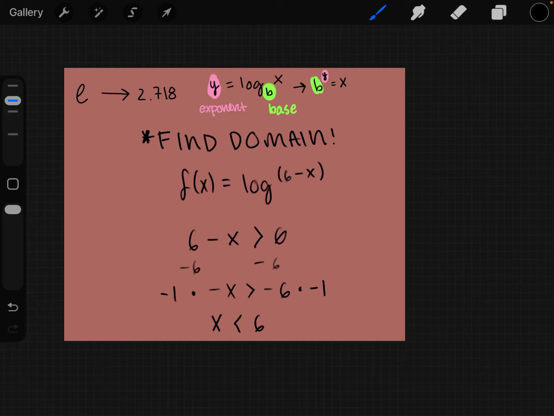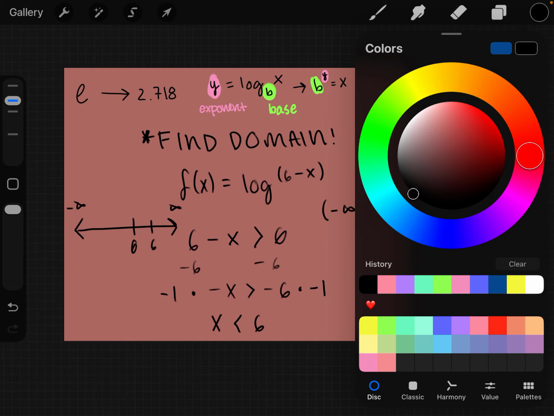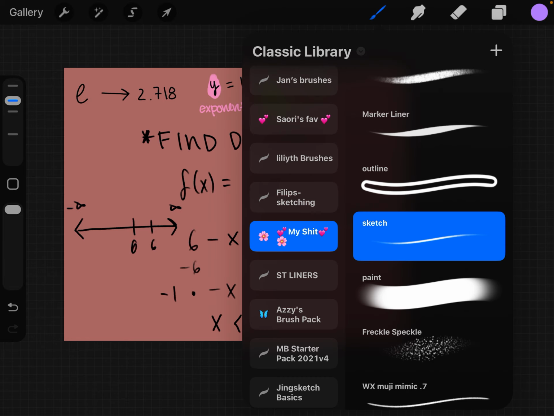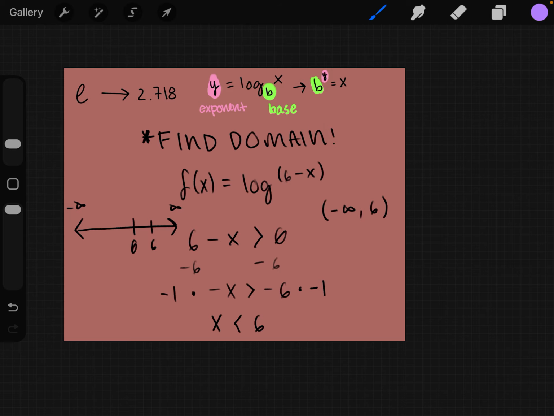So x has to be less than 6. That's our domain. Because if we had a number line, everything less than 6 would be this way. So that's why it's negative infinity to 6.